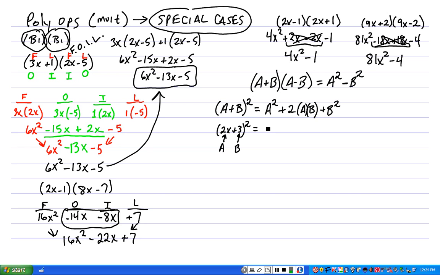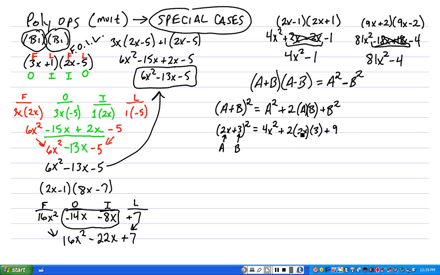If I square 2x, I get 4x squared. Plus, now it says 2 times whatever a is. We're saying a is 2x, and we're saying b is the 3. And then it's going to be plus b squared. So plus 3 squared, which is just 9.